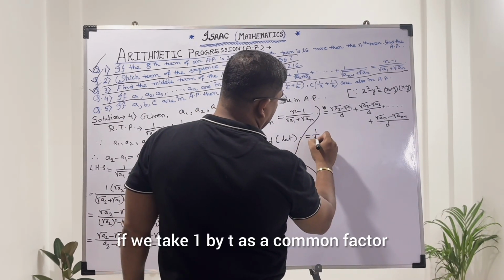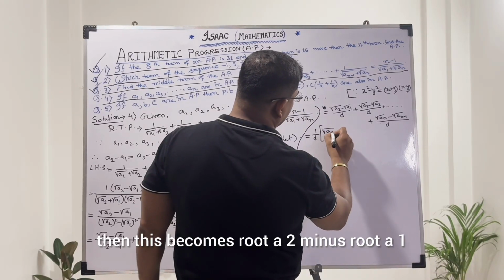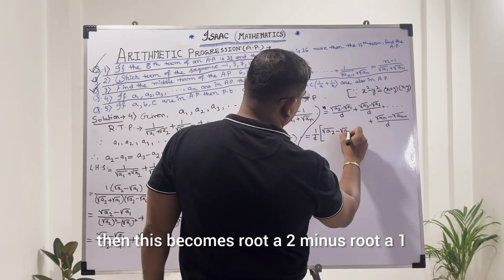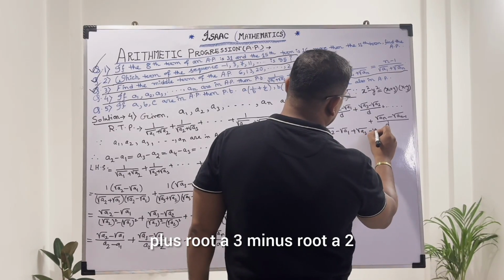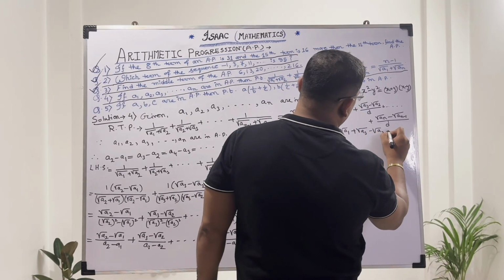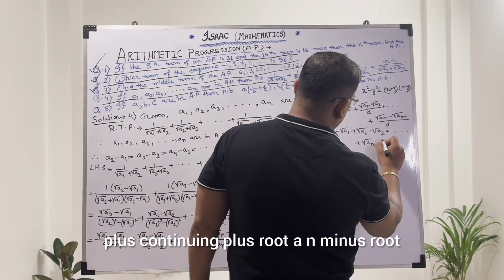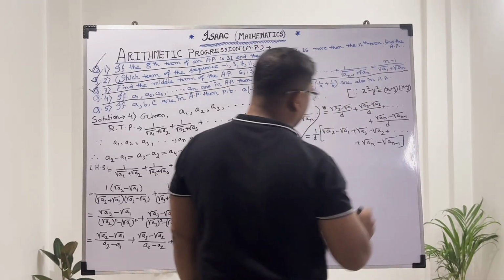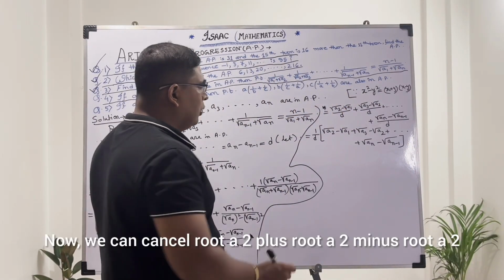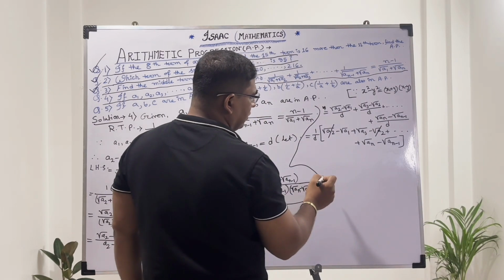If we take 1 by d as a common factor, then this becomes root A2 minus root A1 plus root A3 minus root A2 plus continuing plus root AN minus root of A of n minus 1. Now we can cancel root A2 plus root A2 minus root A2.